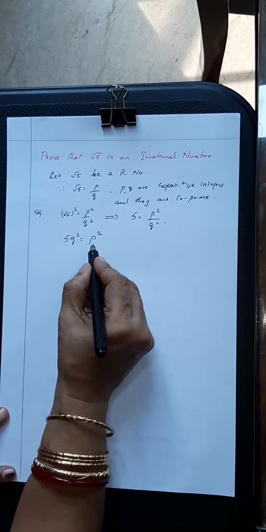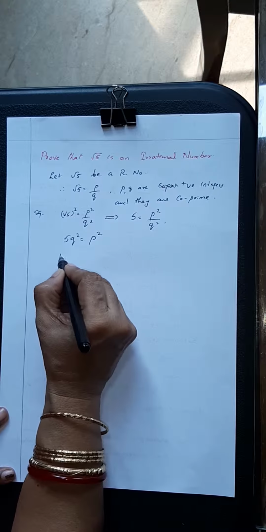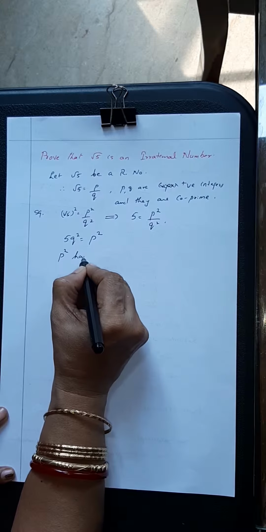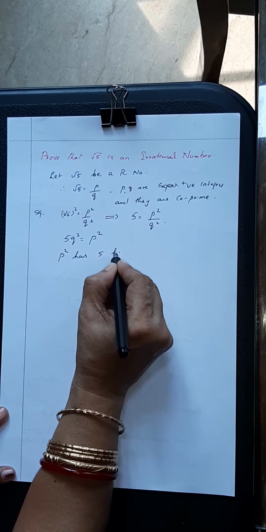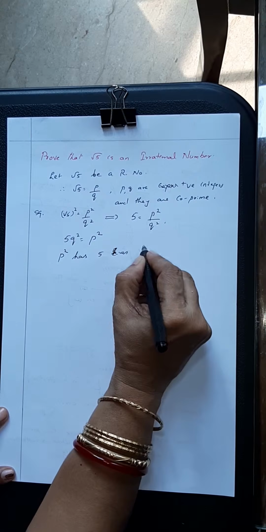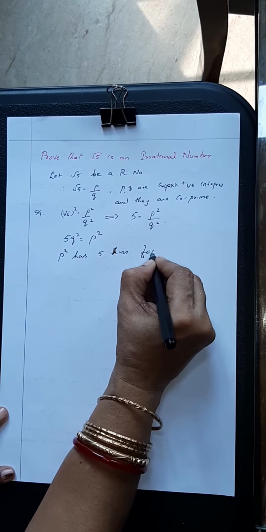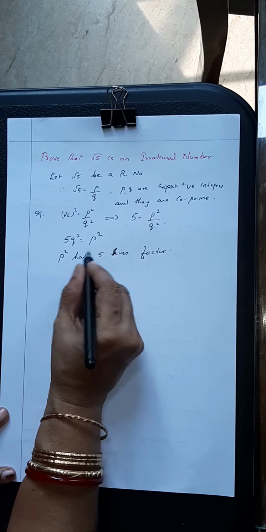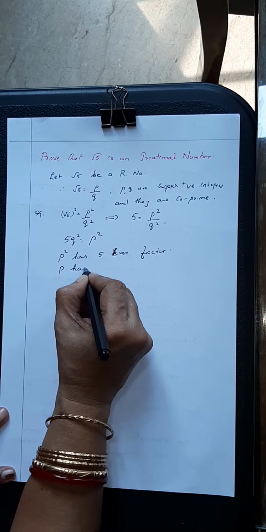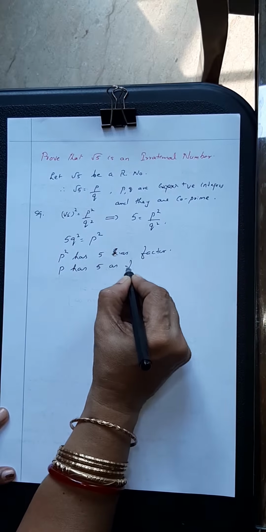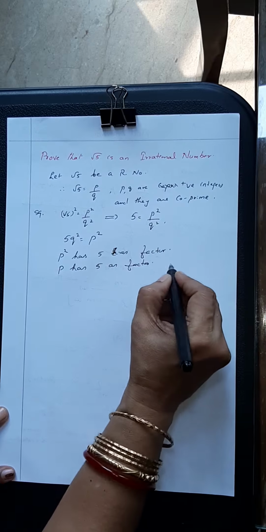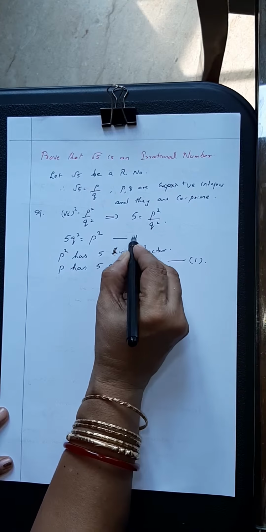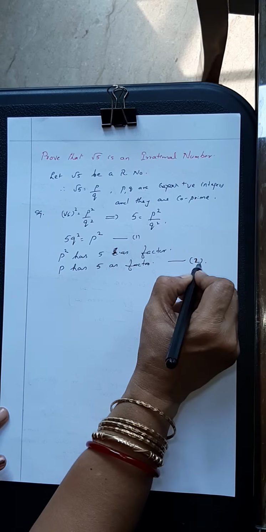From this you can say p squared has 5 as a factor, so p also has 5 as a factor. We will write this as 1 and this as 2.